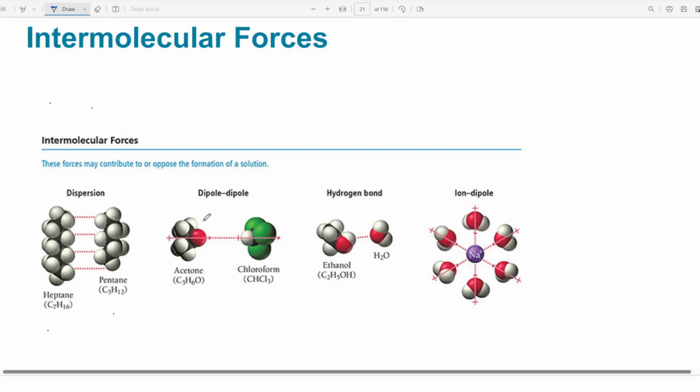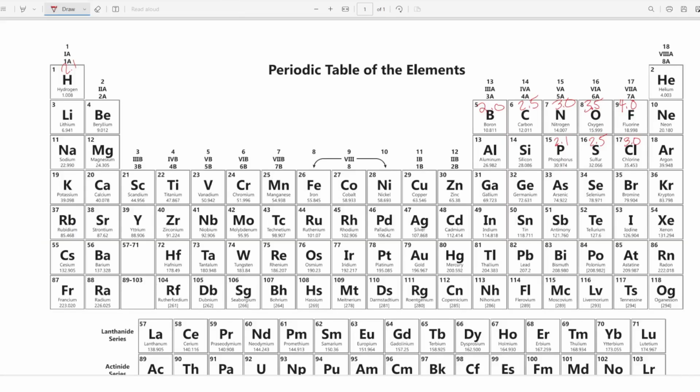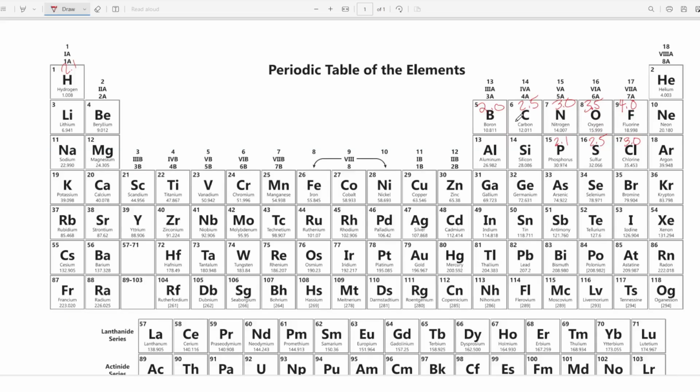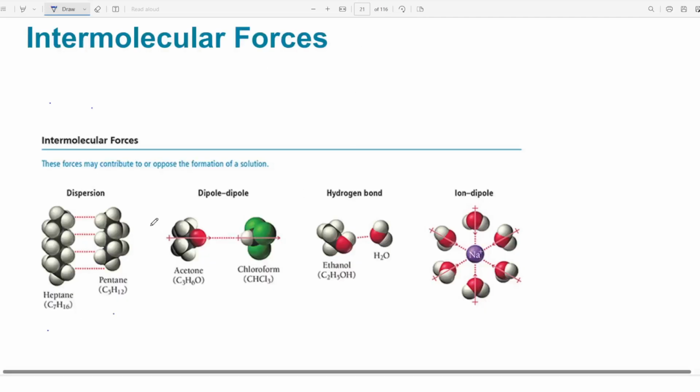The next type is dipole-dipole interactions, and these can exist between molecules that have a larger electronegativity difference in their bonds. So let's consider acetone, like is shown here on the left. We have a carbon-oxygen double bond in acetone. So let's draw that molecule.